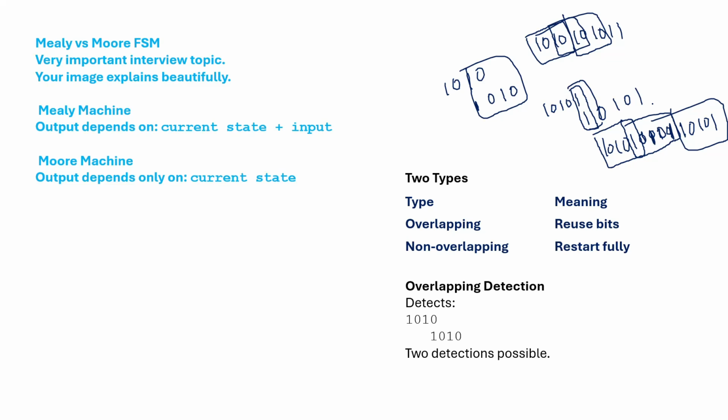In this way the overlapping technique is considered. 1 0 1 0 1 is one pattern, and then the same bit is considered again in 1 0 1 0 1. Actually only 4 bits are new, 0 1 0 1, but the previous bit is also considered. That is overlapping pattern detection. See here how it detects: I got the 1 here, then 1 0 1 0 1 0 1 0, and two patterns will be detected.